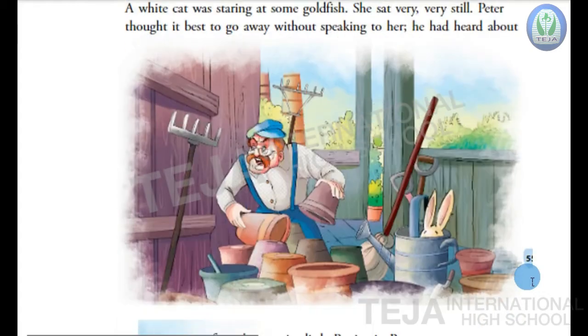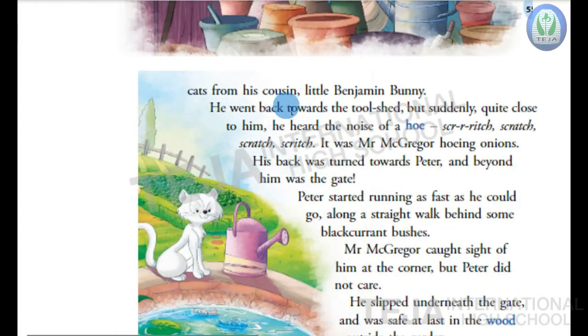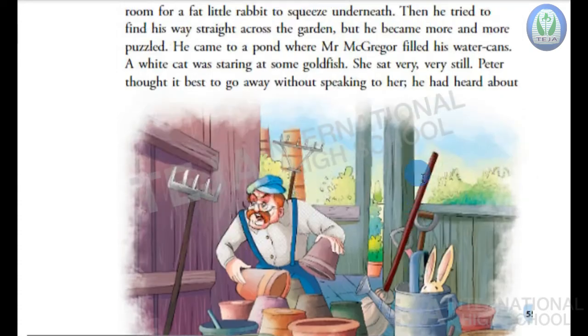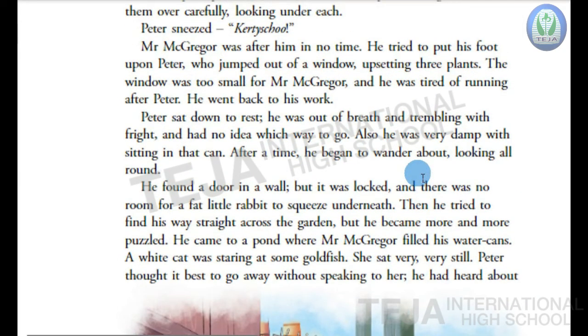He had heard about cats from his cousin, little Benjamin Bunny. Now, at last, Peter found a door in the wall, but the door was locked. There was no room to squeeze underneath so that the rabbit could go through.